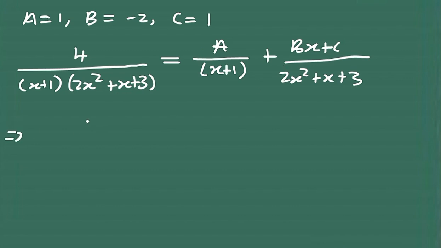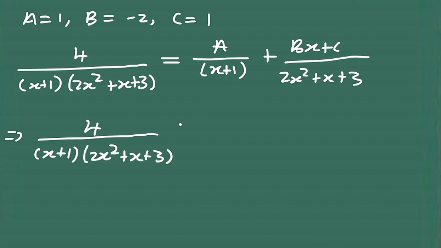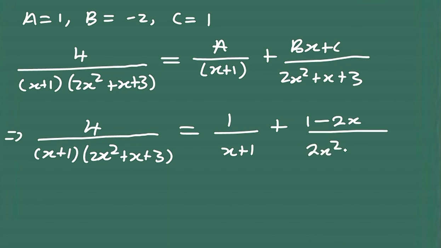So 4 all divided by x plus 1 times 2x squared plus x plus 3 will be equal to, the value of a is 1, so this will be 1 over x plus 1, plus, the value of b is minus 2, and I prefer bringing c first since we have positive, so this will be 1 minus 2x all over 2x squared plus x plus 3. So this is how we go about this question.